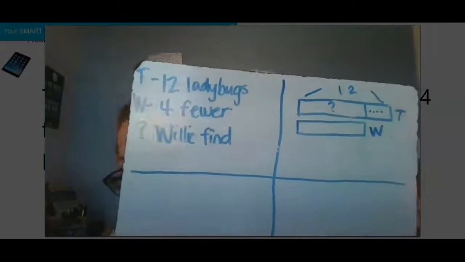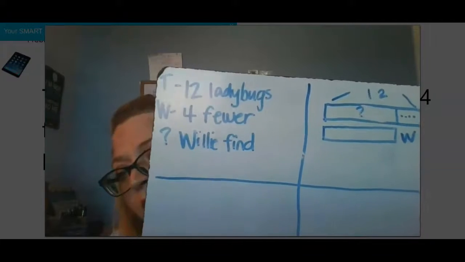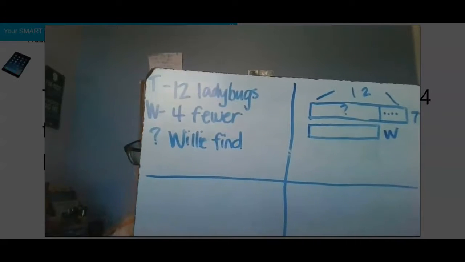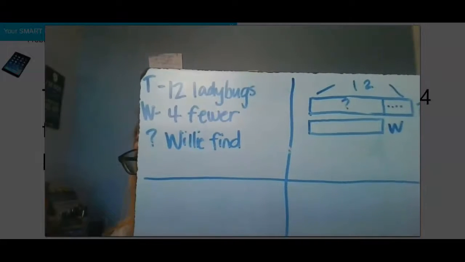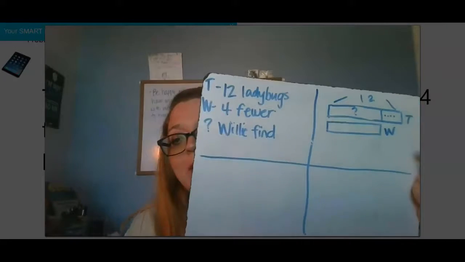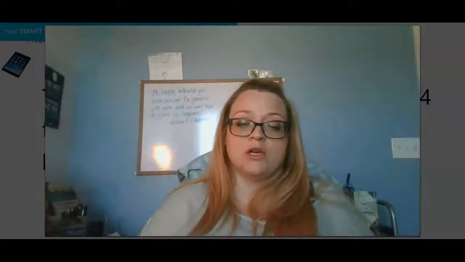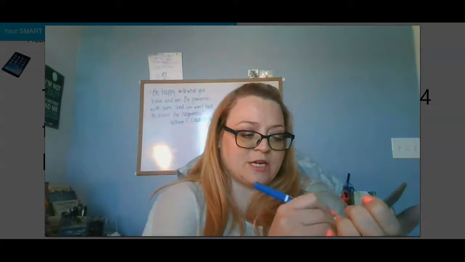All right, so I changed it a little bit because we know that Tamara has 4 more than Willie does, because Willie has 4 fewer than Tamara. So we have 12. We need to find out what 4 fewer than 12 is. So underneath, this is how we normally solve our subtraction problems.